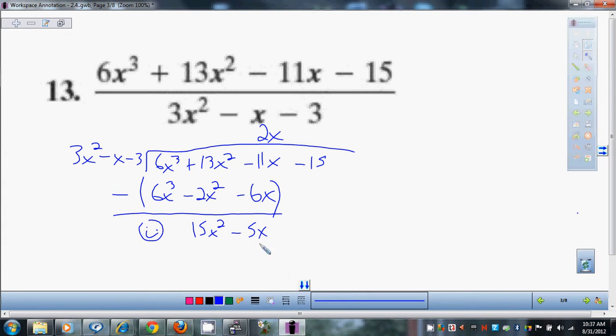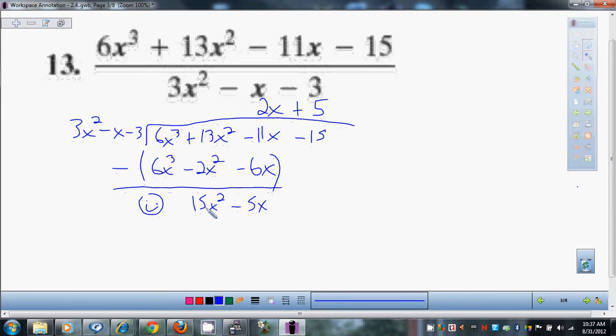Repeat the process. First term divided by first term. What's 15x squared over 3x squared? 5. That goes up here. And we multiply through again. 5 times 3x squared, 15x squared. 5 times negative x, negative 5x. 5 times negative 3, negative 15.